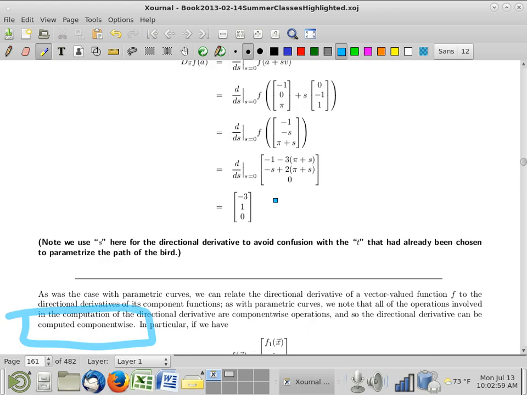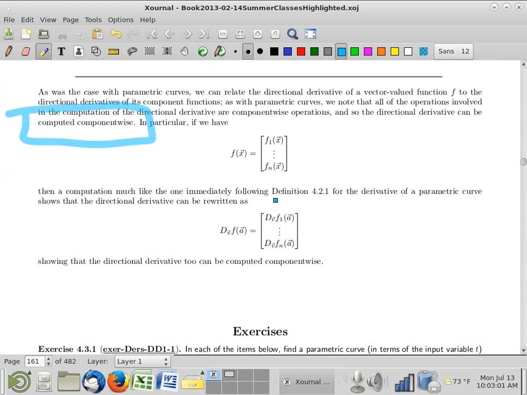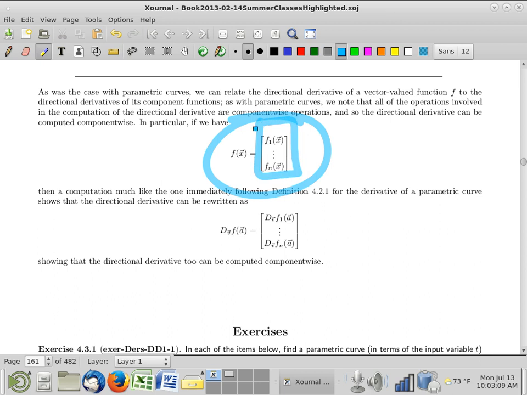So the observation I've made down here is that if you find yourself looking at a vector-valued function, like the last example we did, you could do the derivative like I did, or instead of computing it all at once, you could compute one at a time the individual derivatives of the component functions.